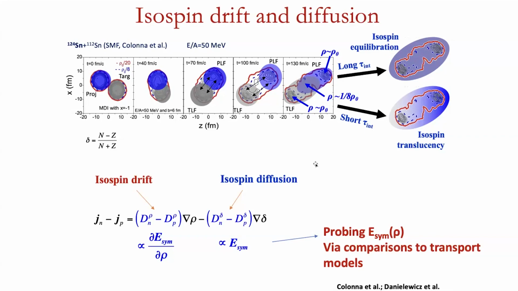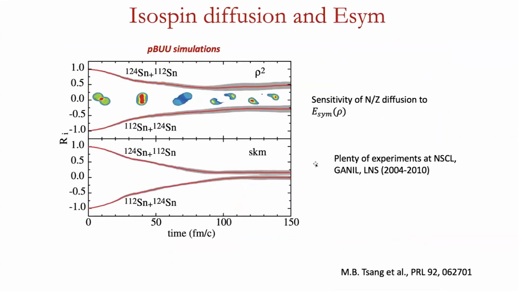And of course, if you study this phenomenon experimentally, you can compare them to transport model simulations and try to say something about the density dependence of the symmetry energy. So this was a simulation done with the BU model at MSU.